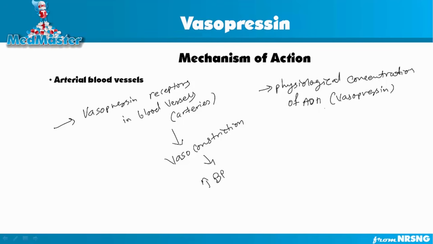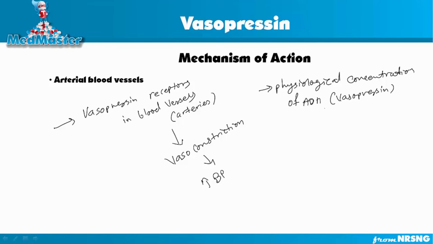But let's say someone has low blood pressure, then you would put him on a vasopressin drip. That concentration is really high compared to what you find normally in the body, and that will cause vasoconstriction. So to cause vasoconstriction, it requires a higher concentration than the normal physiological concentration of vasopressin.